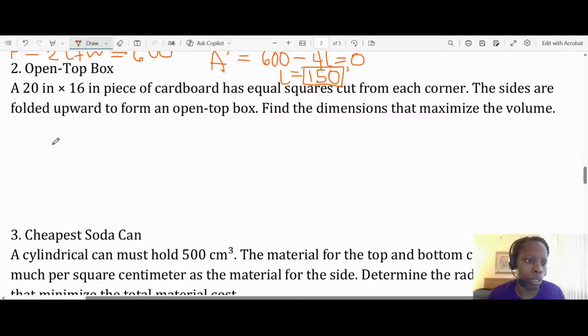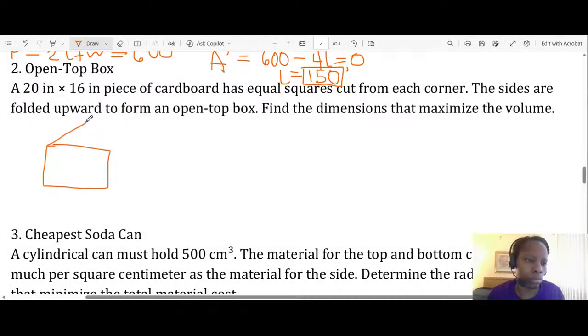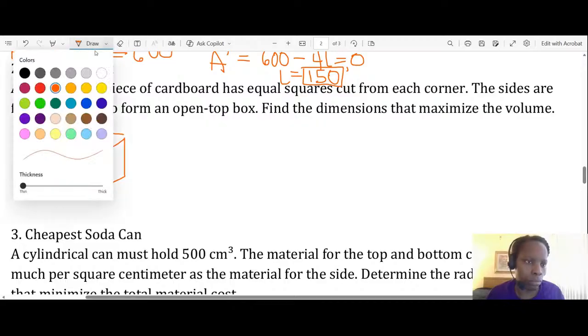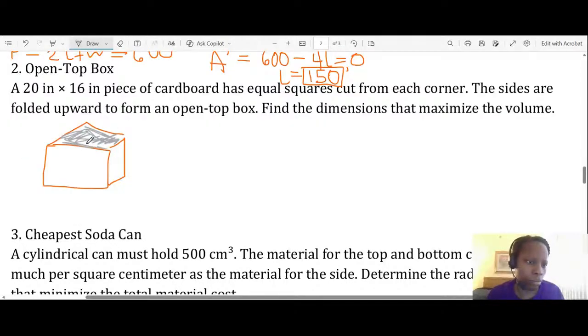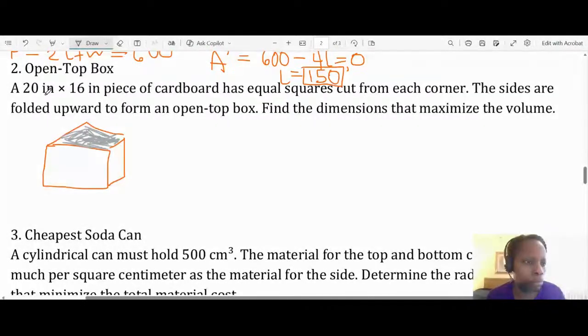So we got a box, and it's open. There's nothing in it. Maybe some paper or something. I don't know. But it's open. That's what we want. We want an open top.